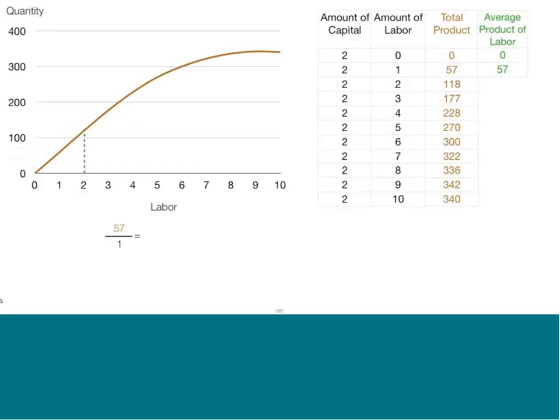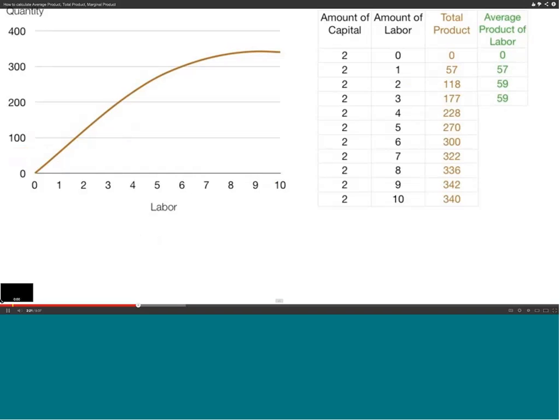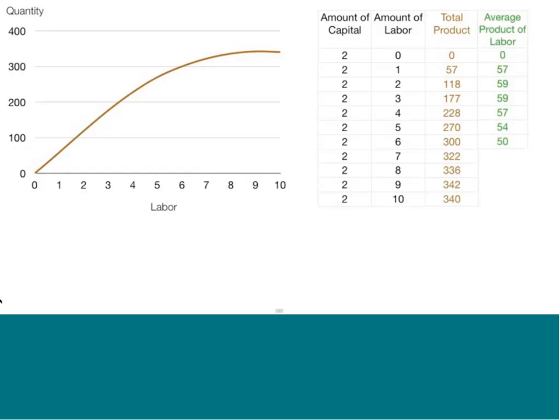Imagine that I have 2 labor units, and my quantity, or my total product, will be 118. I divide that by 2, and my average product of labor is 59. It turns out 177 divided by 3 is 59 as well. 228 divided by 4 is 57. And let me just fill in the rest of these numbers for you. Hope you're getting the hang of it. And 340 divided by 10 is 34. Total product divided by labor is equal to average product of labor.